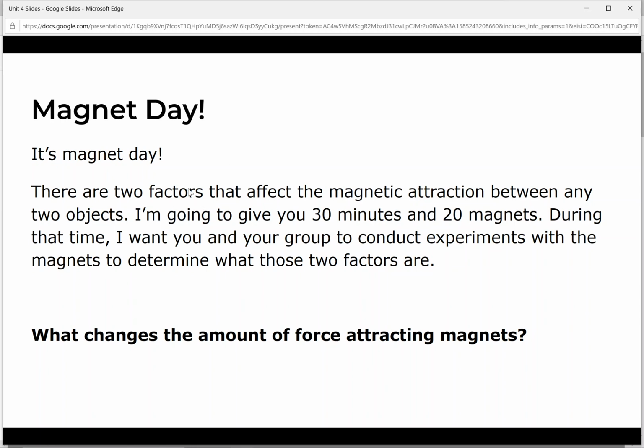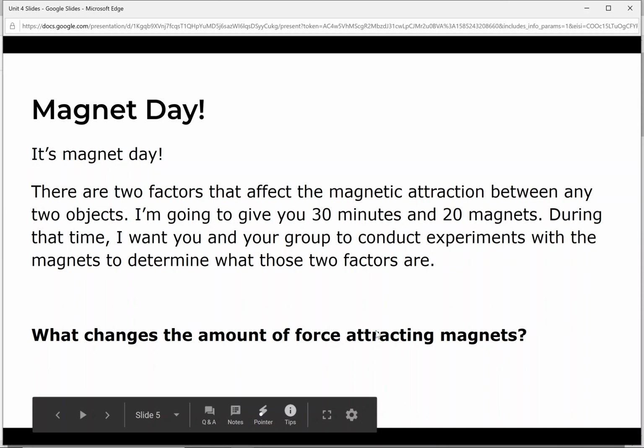So there are two factors that affect magnetic attraction, and I would just allow you and your group, given the magnets, to do a little bit of research in the lab stations, figure out how do you change the amount of force that is attracting the magnets?